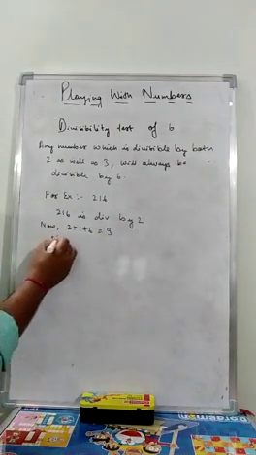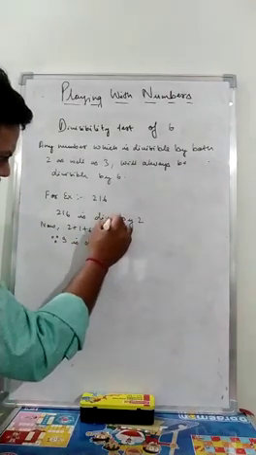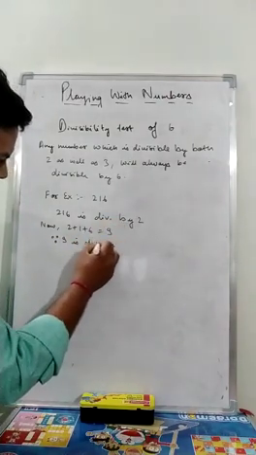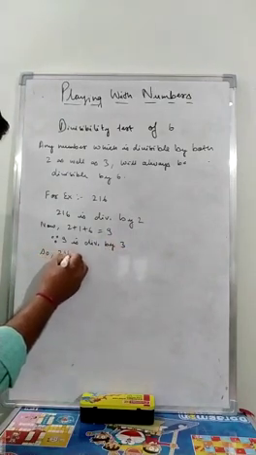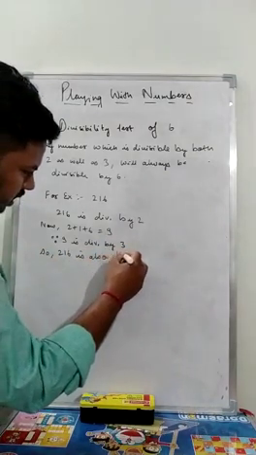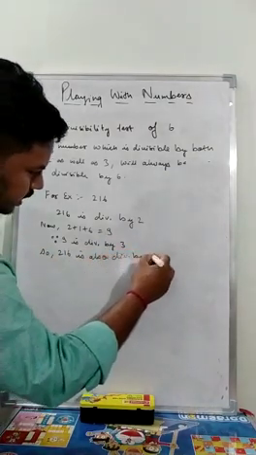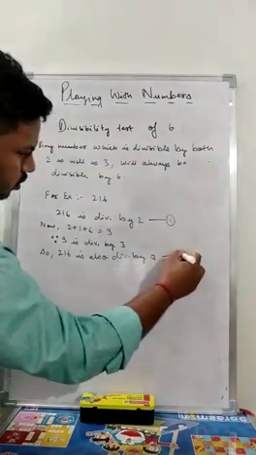Since 9 is divisible by 3, so 216 is also divisible by 3.